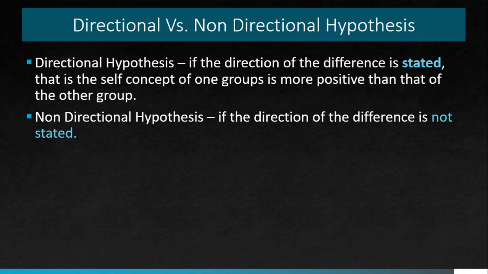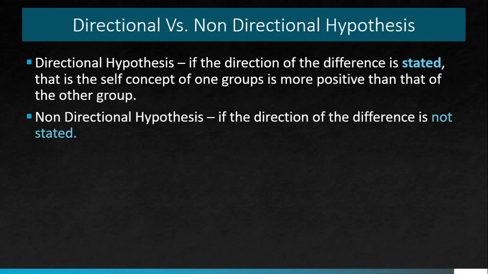So another example would be the academic performance of students coming from course A and course B. Let's say for directional hypothesis, we can state that students from course A are brighter than students from course B.